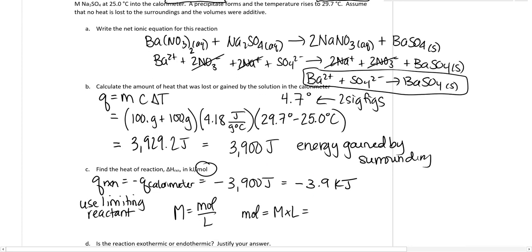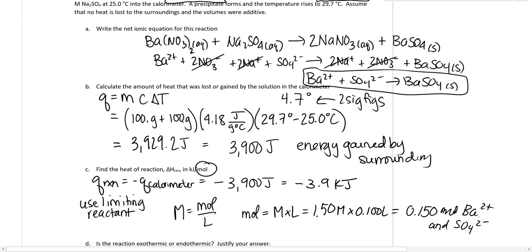So our molarity is 1.50. Our liters is 0.10 liters. And so that looks like we have 0.150 moles of barium. And we have the exact same numbers for sulfate.